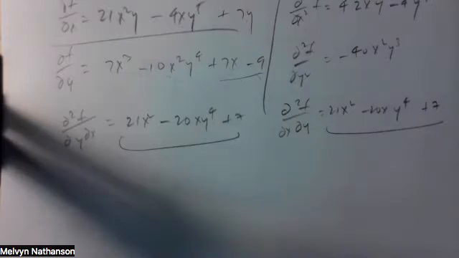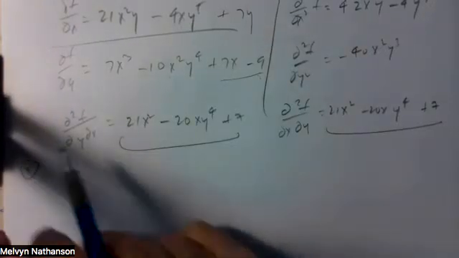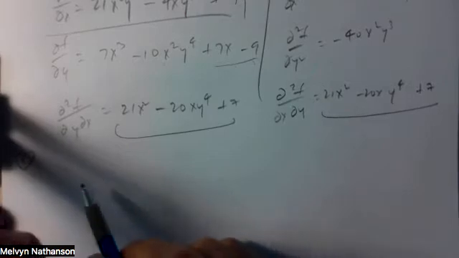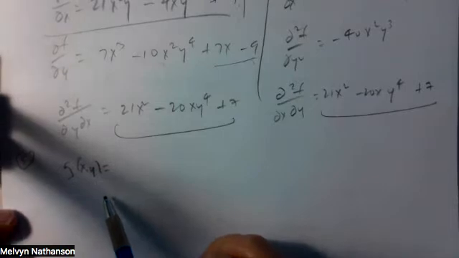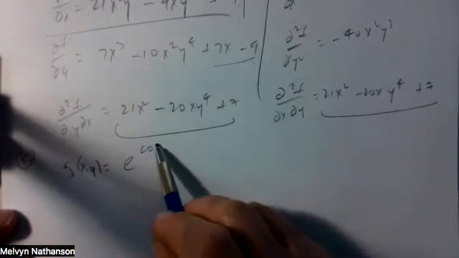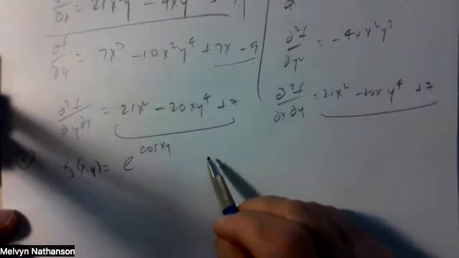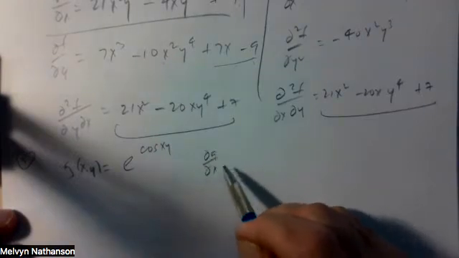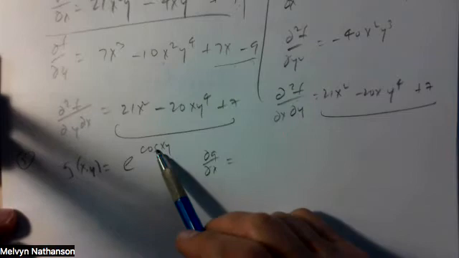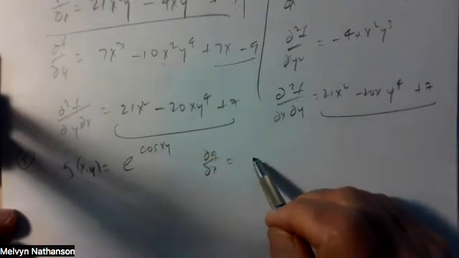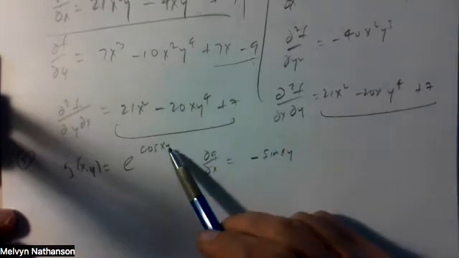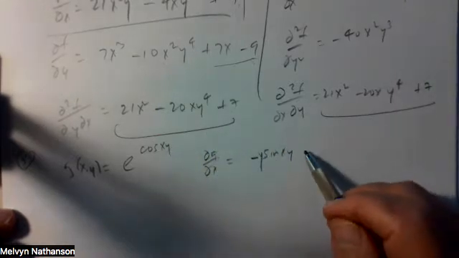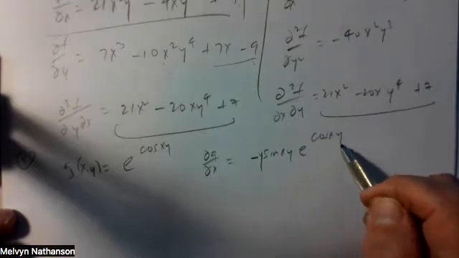All right, any questions about this? If g of (x,y), this is problem 5, is e to the cosine of xy, for the partial of g with respect to x, you differentiate this with respect to x, you get minus sine xy times the derivative of xy with respect to x, which is y, times e to the cosine xy.